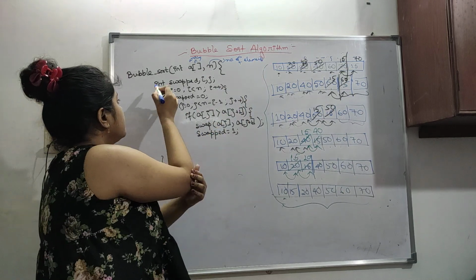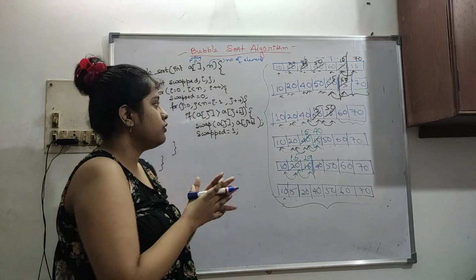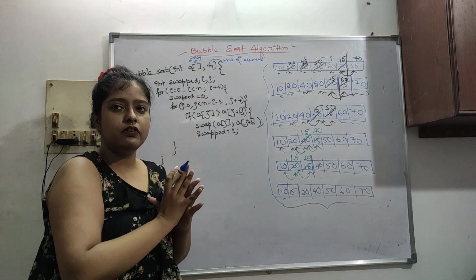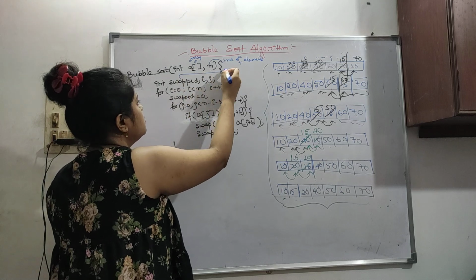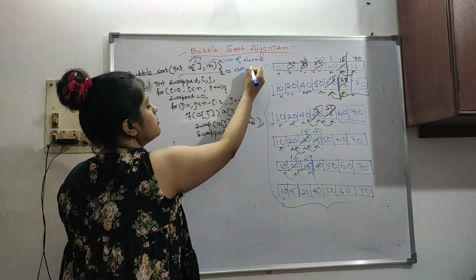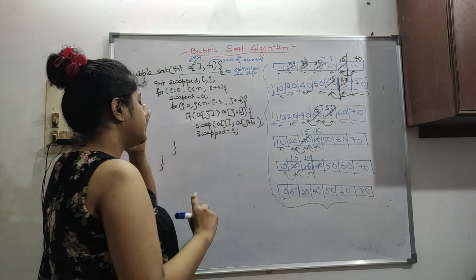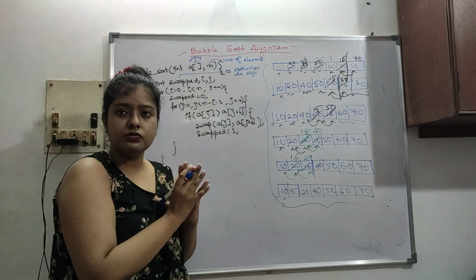So now int swap. Swap is actually a flag variable, and why it is used I will show you later. But now just see the algorithm. This is basically used to optimize the algorithm. I will show you why and how it is used.